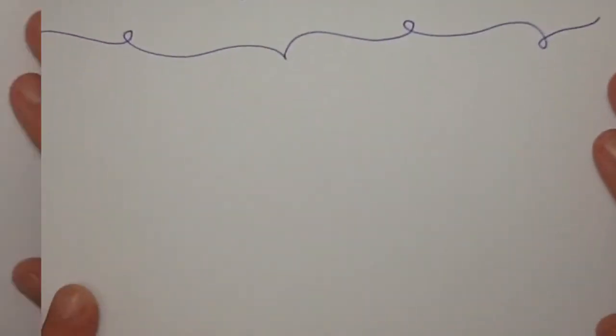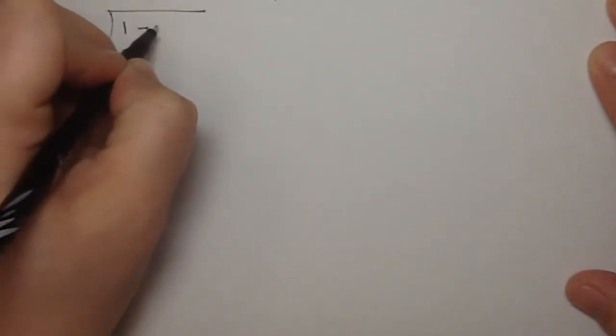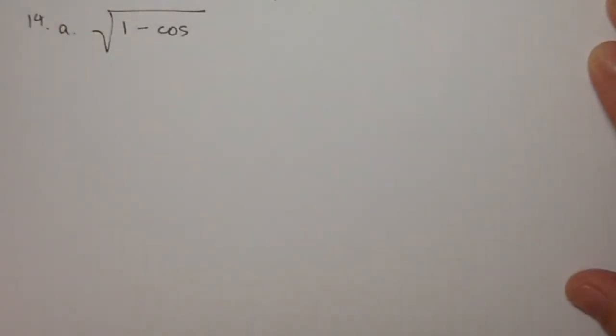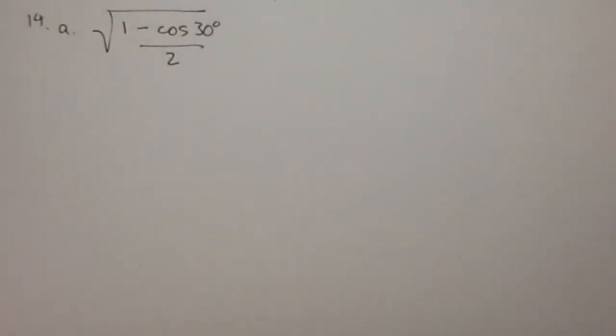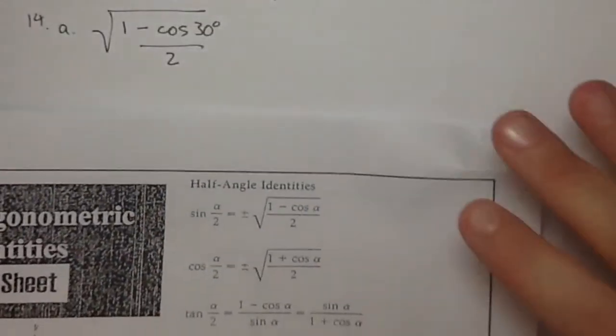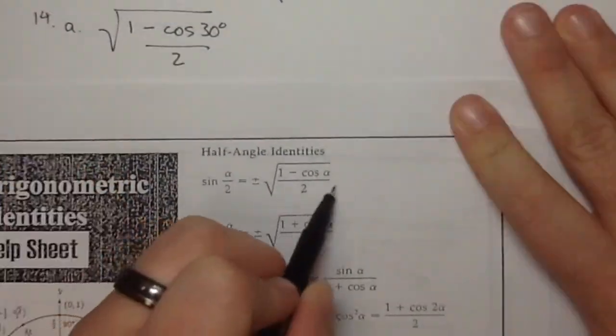Moving on to problem 14. In problem 14, they say use the half angle formulas to rewrite these. So 14a says the square root of 1 minus cosine of 30 degrees over 2. So then I look at my reference sheet, and it is this one.